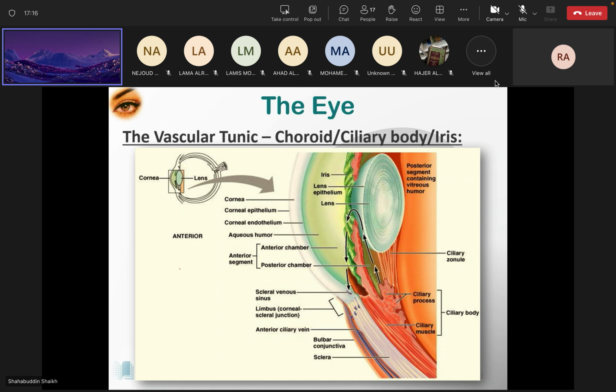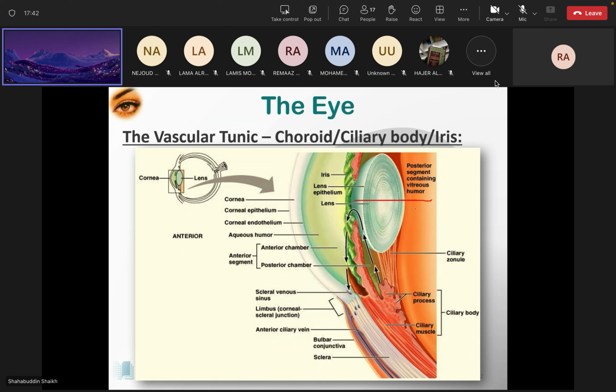Now, regarding this, there is one clinical condition. Yes, the shape is maintained by the water secretion as well. The posterior part of the eye's shape is maintained by gel.